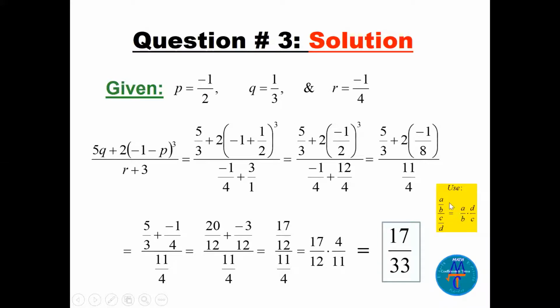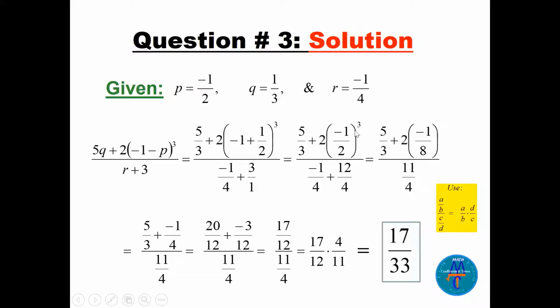What is here in the yellow box here? This is a fraction over fraction. That's the aim. A fraction over fraction. You see, at the end, you can expect before you reach 17 over 12, 11 over 4. That's a fraction over fraction.